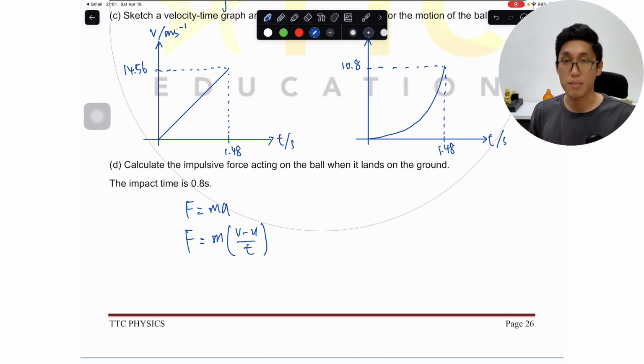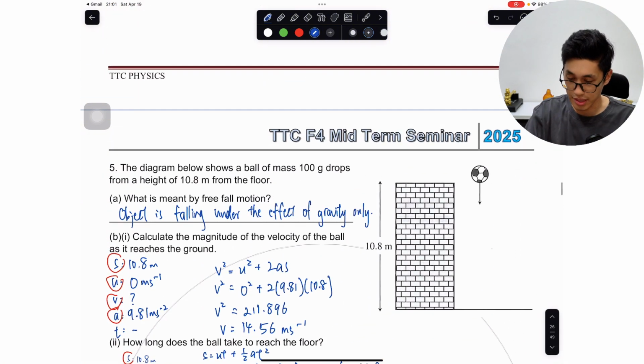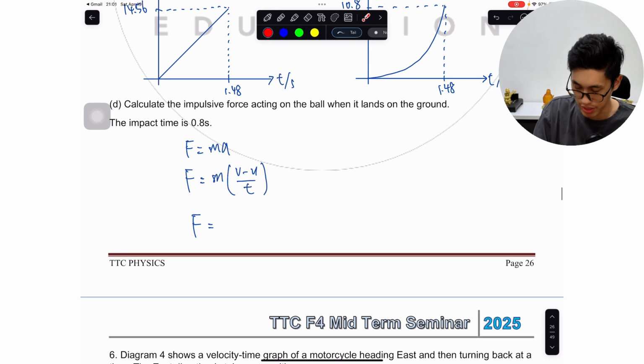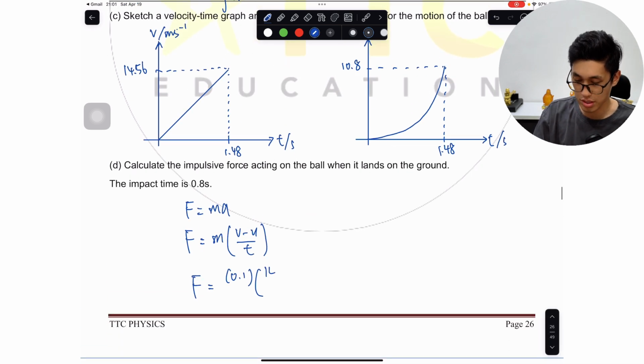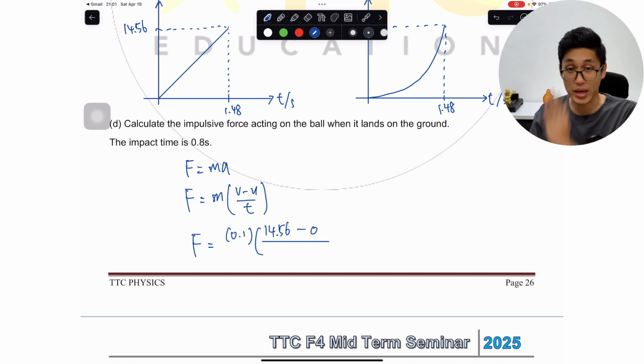Alright? Then from here, I have all the information I need already. The mass of the ball is 100 grams. Always change to kilograms because that's your SI unit: 0.1 kilograms. And then the final velocity is 14.56. The initial velocity is 0, divided by the time taken.